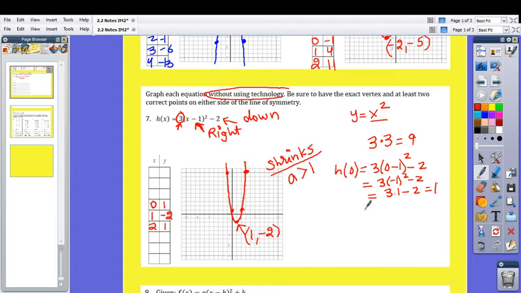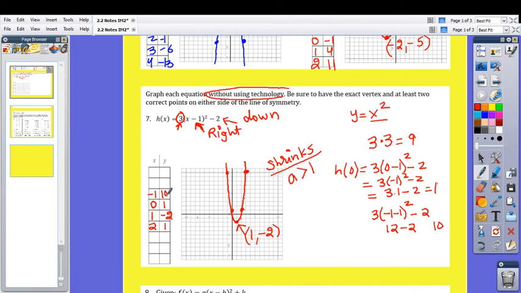And next one will be -1. When we are plugging in -1, and -1, square of that, and then take away 2. So that is 2, -2, which is 4, and then 4 3s are 12. 12 take away 2, which will give you 10.